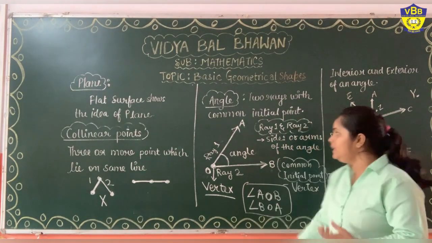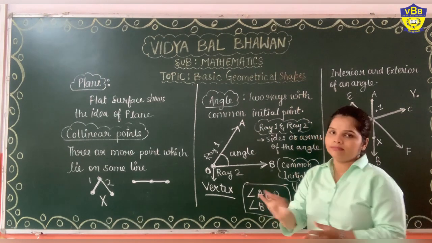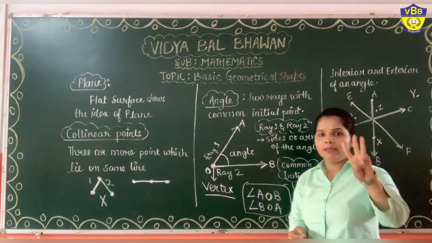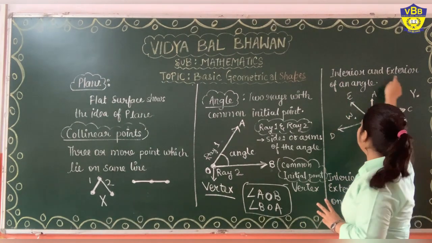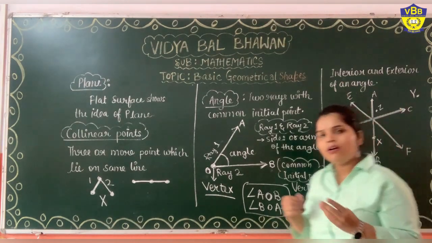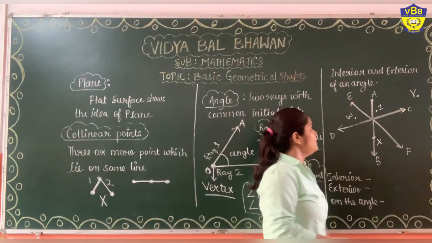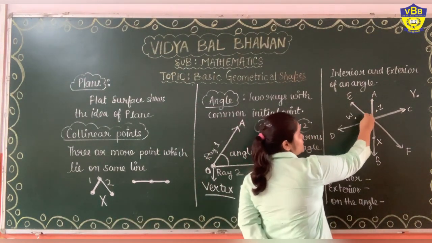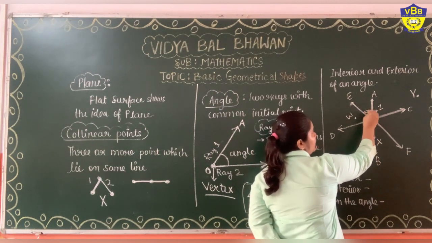Now, any angle divides the plane into three parts: interior, exterior, or on the angle. You can see we have lots of angles here. This is an angle because of these two rays. This is forming an angle.